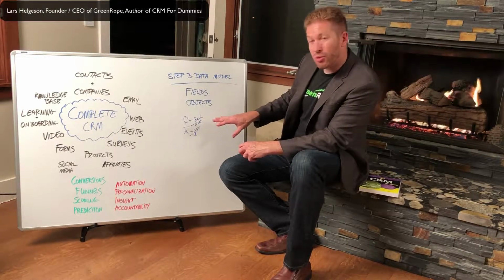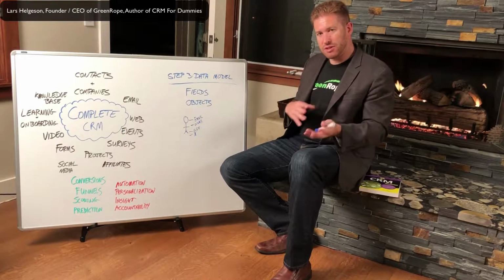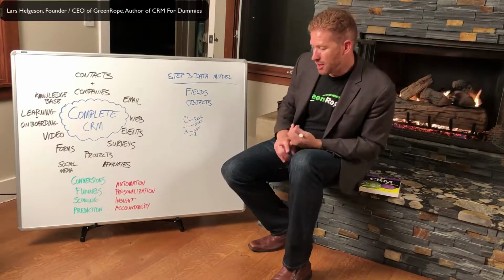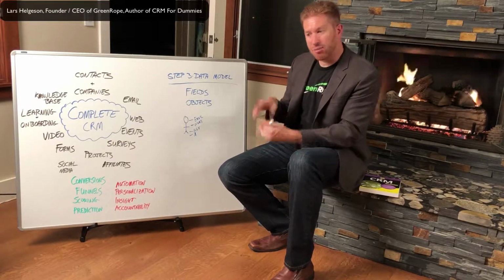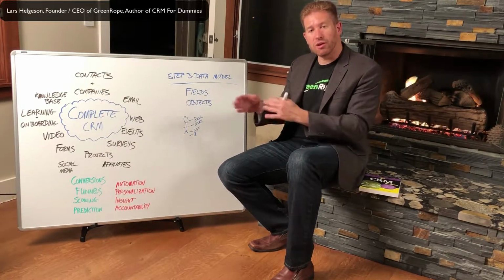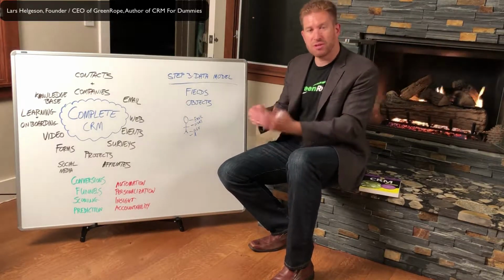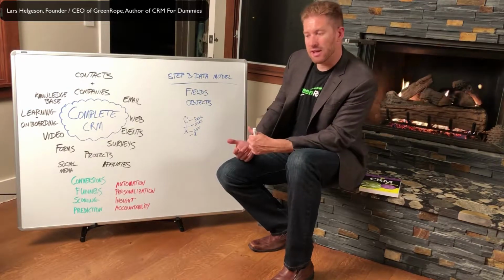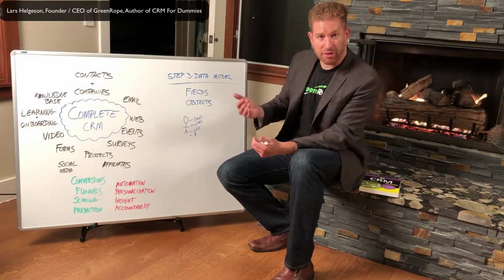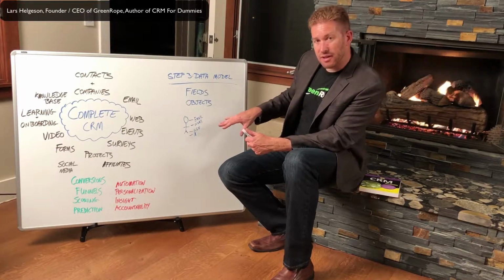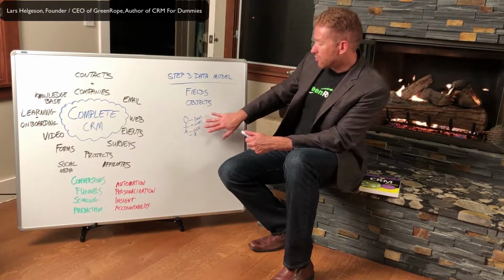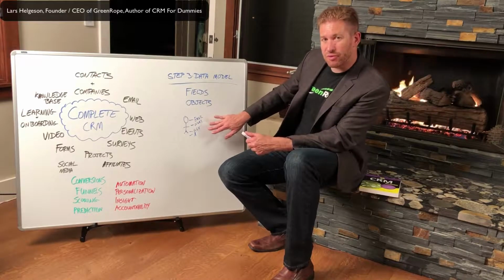So this is important because remember in the last two videos we talked about, the first one we talked about our market segments, and the second one we talked about process and how process has to be different for our different market segments so that we can really personalize what the user experience is as they go through the buyer's journey. In this case, we're looking at these fields and we're trying to gather as much useful information as we can.